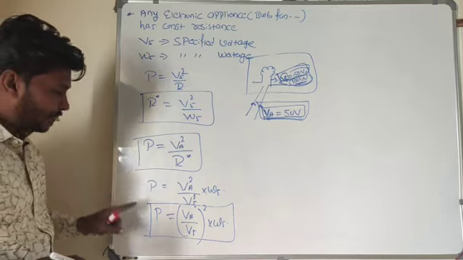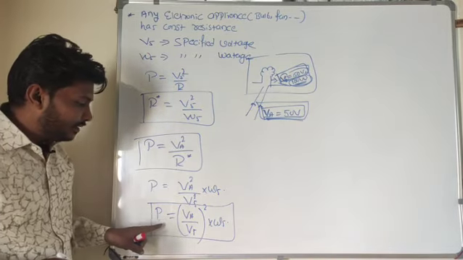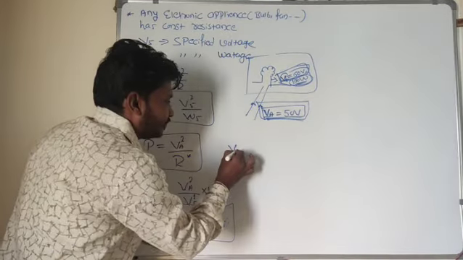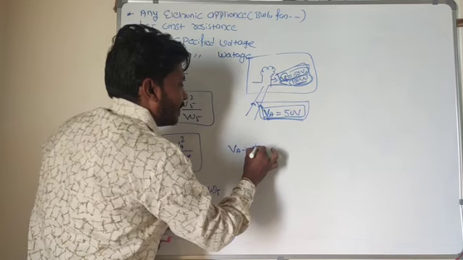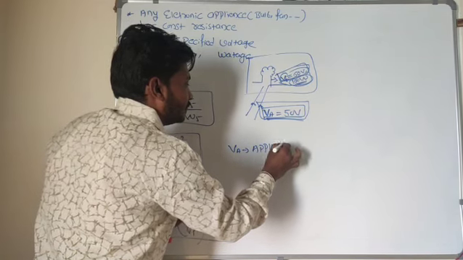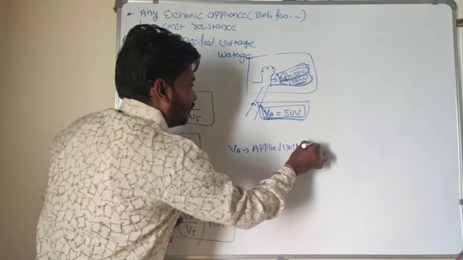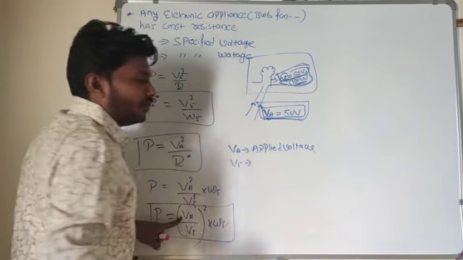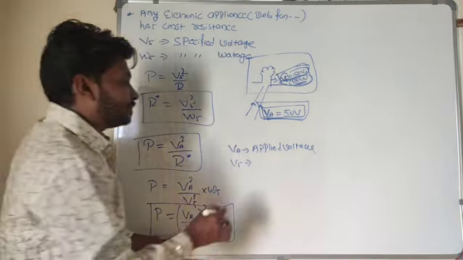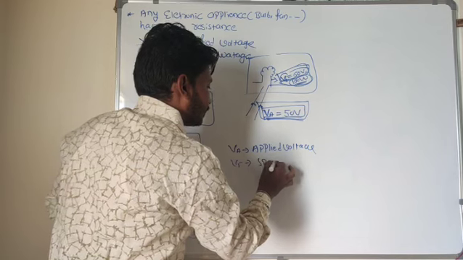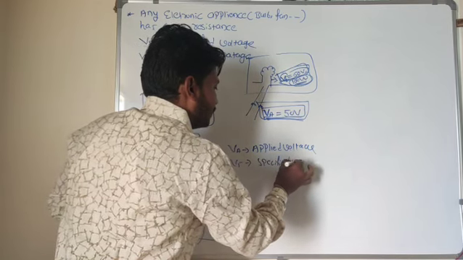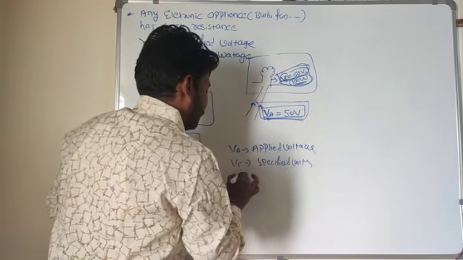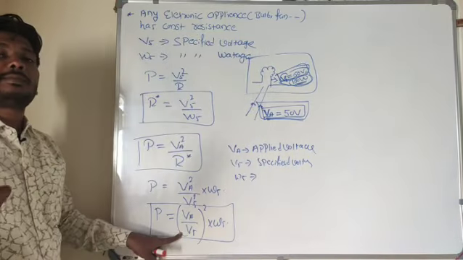So what does it mean here? It is the power consumption in the bulb. V of A is the applied voltage, whereas V of S represents the specified voltage, and W of S is nothing but the specified power.